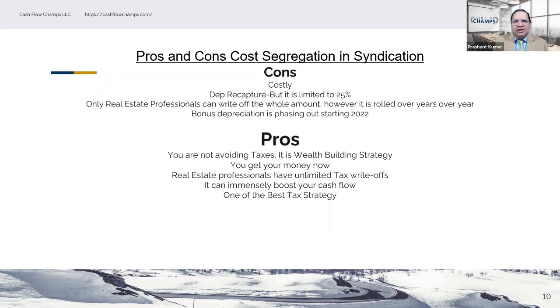But if it's a $500,000 property, then basically cost segregation allows you to get, let's say, $150,000 to depreciate, and then you should be able to depreciate that basically. We just have to look at the Excel spreadsheet, but it will definitely benefit you.